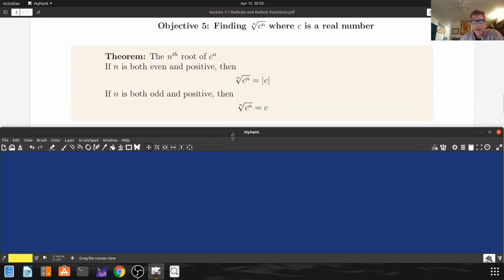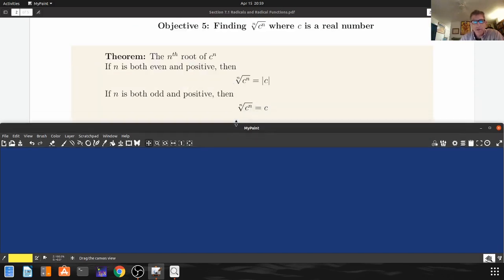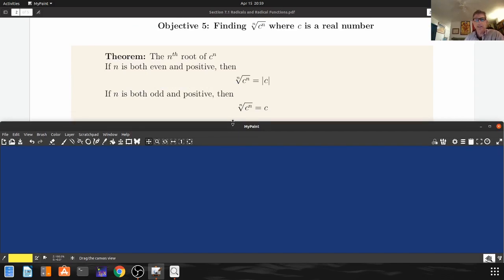Okay, here is a rule we're going to use again and again and again. And it has two cases. So how do we find the nth root of a number? This is a theorem about the nth root of c to the nth.